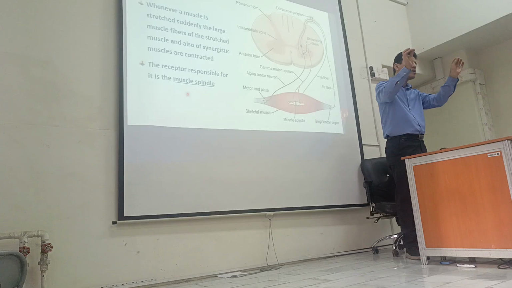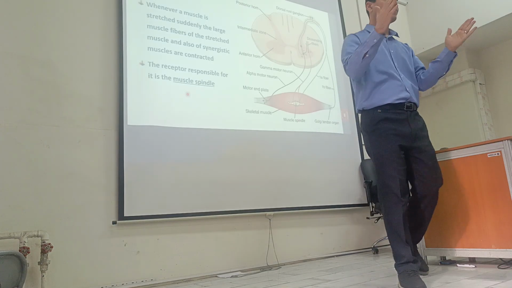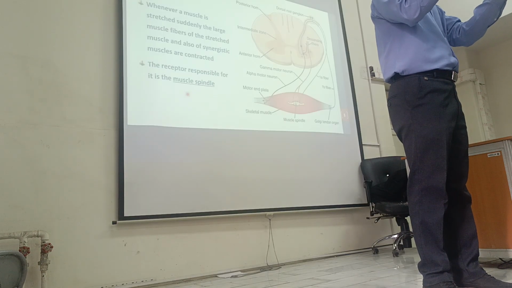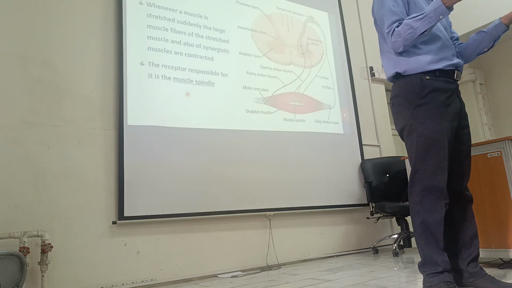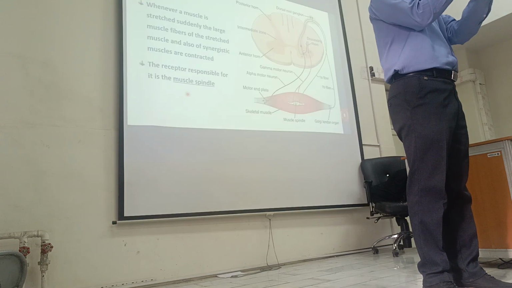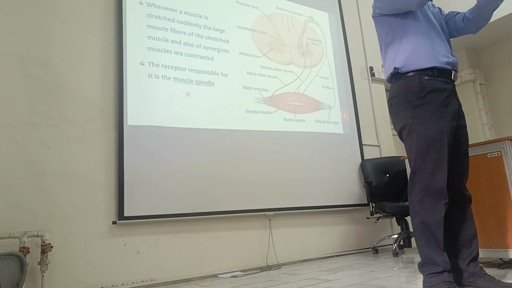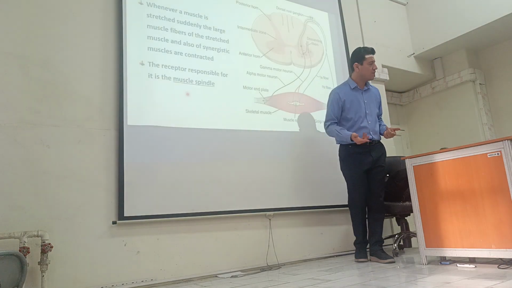So it opposes stretching, right? It opposes being stretched. So not only the same muscle, but also co-worker muscles contract. So, for example, you stretch one flexor muscle, and the same flexor and other flexors contract. Right? So this is called stretch reflex.